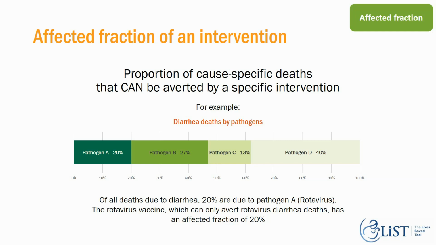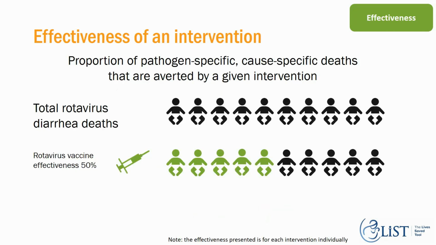To sum it up, it's the proportion of the cause-specific deaths, in this case diarrhea deaths, that can be averted by a specific intervention. So if we had an intervention that could save 100% of all rotavirus deaths, then we would get a reduction of 20% in this. But unfortunately, interventions typically aren't 100% effective. And in this case, the rotavirus vaccine is only 50% effective.